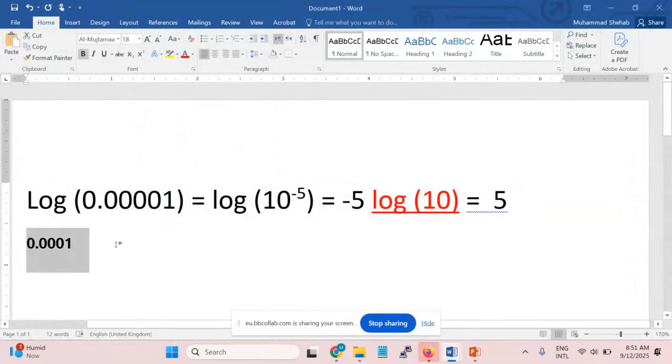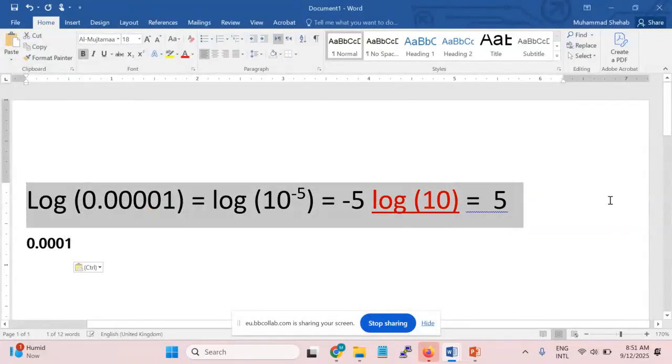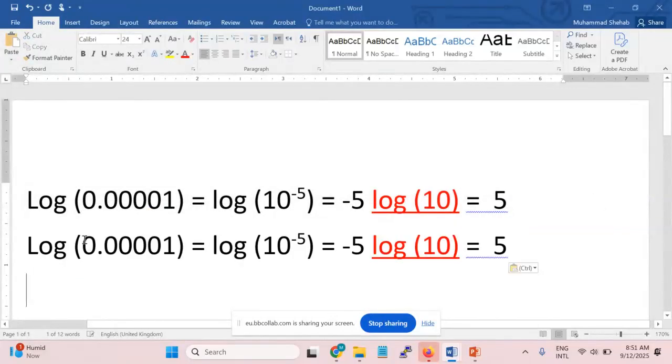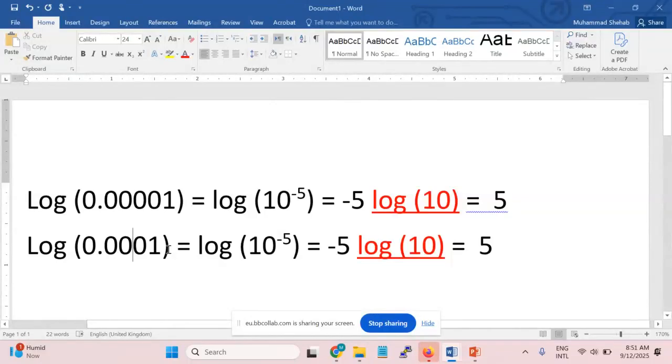I'll copy and paste this one and remove one 0 here. Log of 0.0001 is equal to log 10 to the power minus 4, which is equal to minus 4 log 10, which is equal to minus 4.